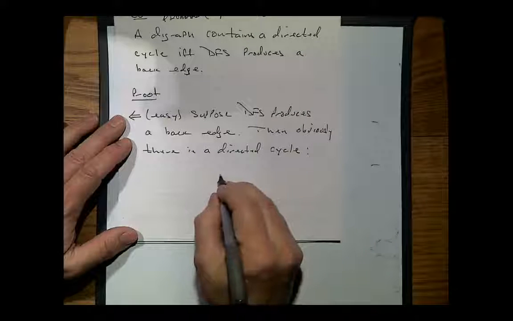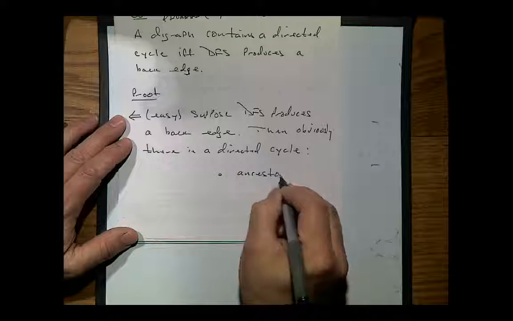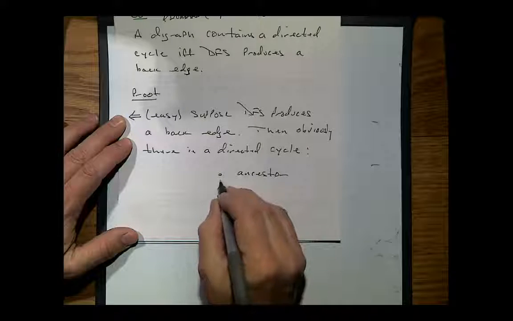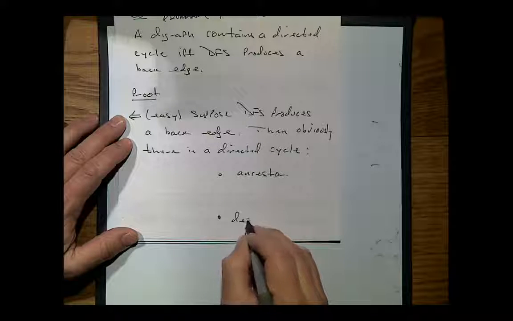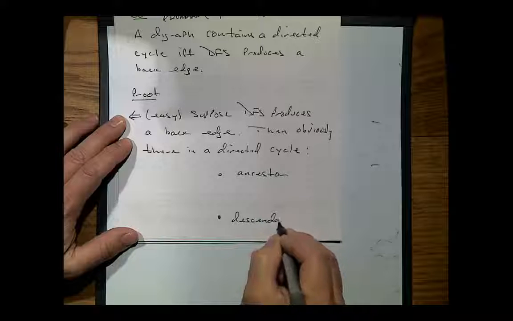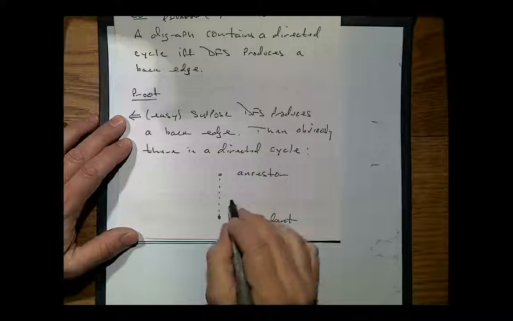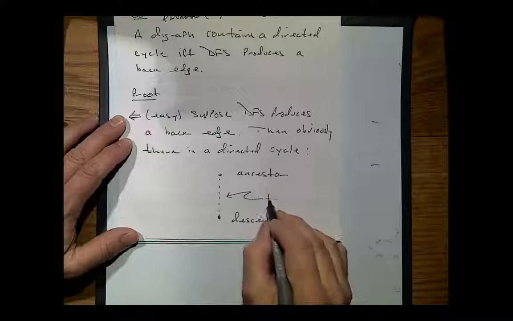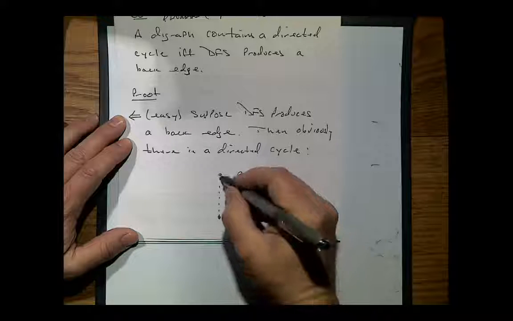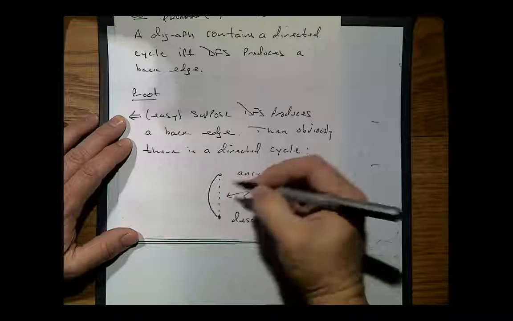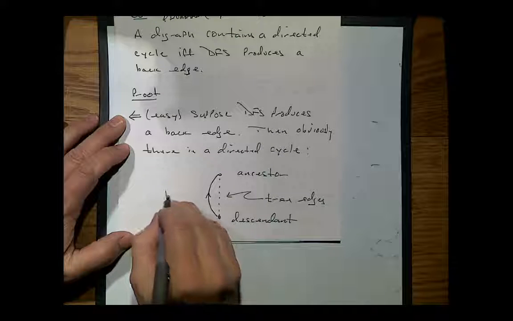So start at the ancestor, go down tree edges until you get to the descendant. And then travel up from the descendant to the ancestor along your back edge.